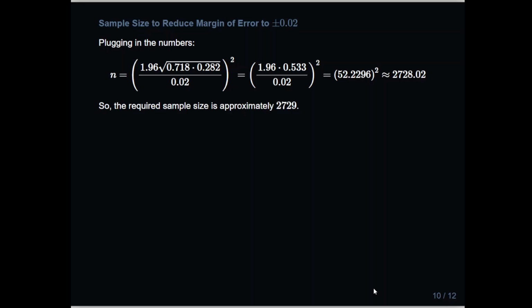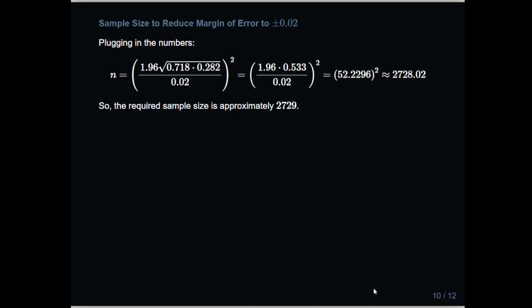So n is 1.96 times the square root of 0.718 times 0.282, that's the 1 minus p hat, divided by the margin of error, 0.02, and we get that expression and we square it. So it's 1.96 times 0.533 divided by 0.02, to be squared.